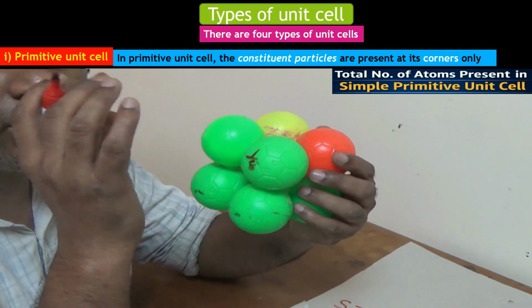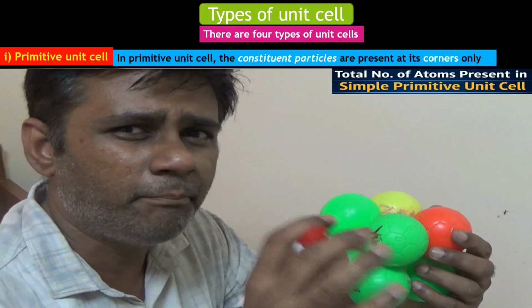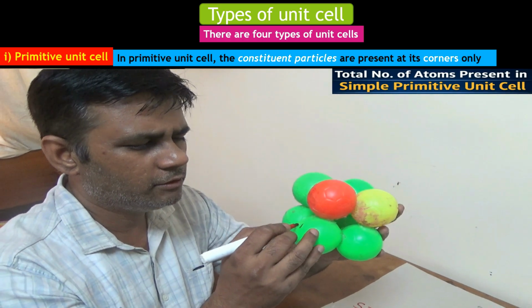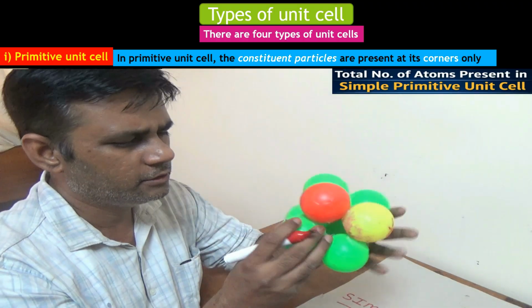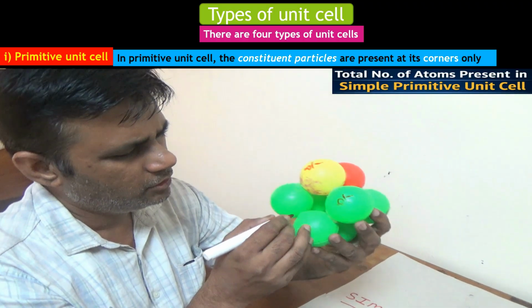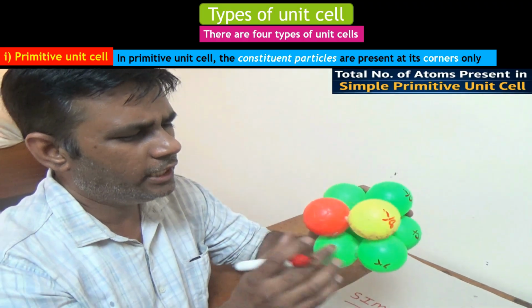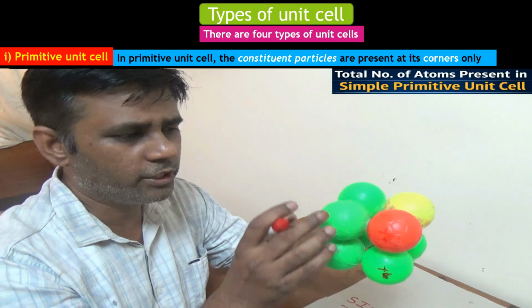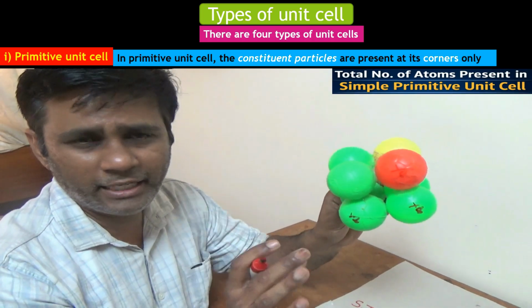It is not a full atom, only 1/8 part of the atom is there. So like that there are 8 atoms at the 8 corners, and each atom contributes 1/8.